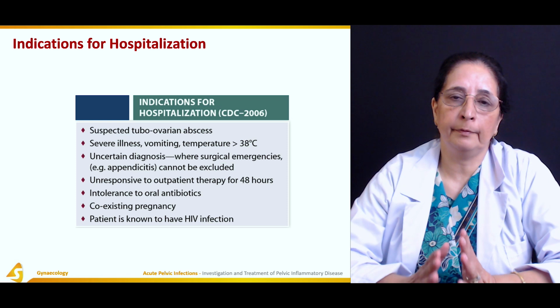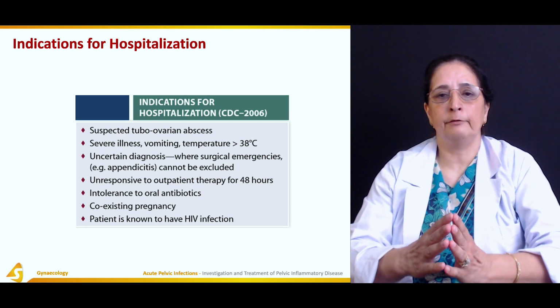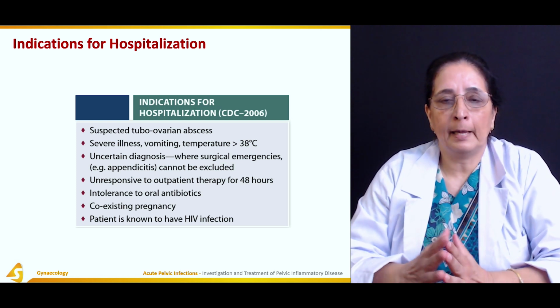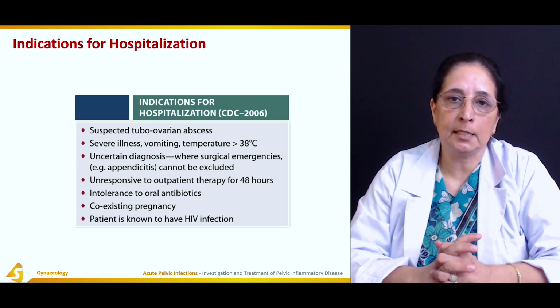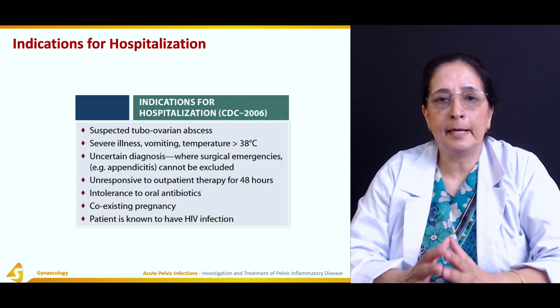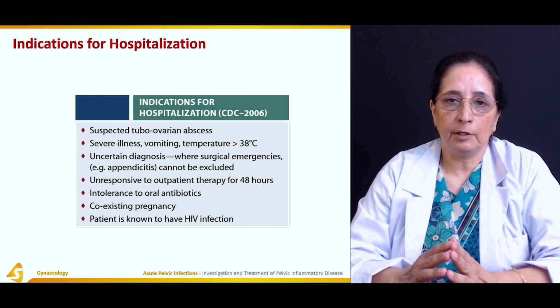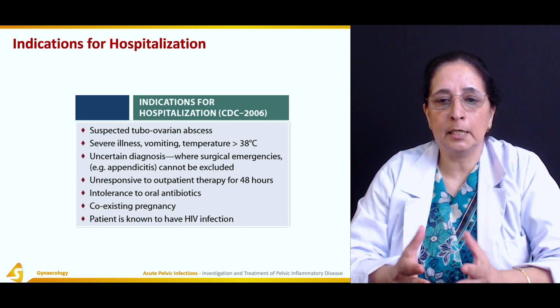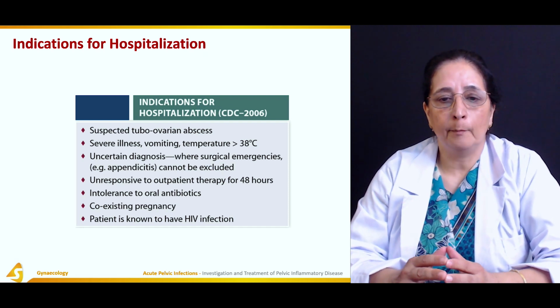As we mentioned before, some common conditions that can be confused with pelvic inflammatory disease or salpingitis are appendicitis or ectopic. If appendicitis is suspected, sometimes emergency surgery is required. So in that case, hospitalization is important.